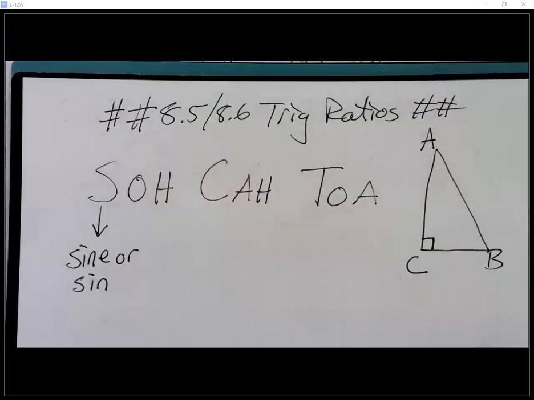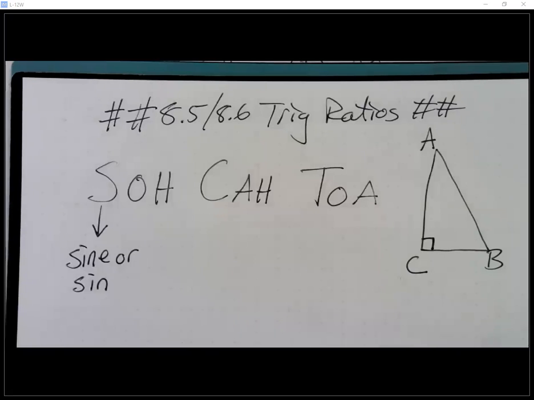And now I'm going to introduce you to another new thing. We have a variable that we like to use just for angles. Like we use X all the time for a missing letter. You can still use X, but it's very common to use the Greek letter theta for a variable for an angle. Why? I don't know, but we do it all the time.